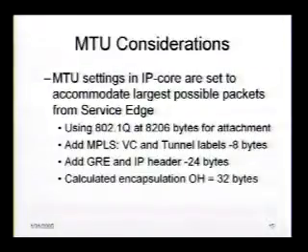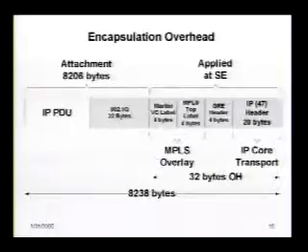So using that as an example, we add the MPLS, GRE, and IP headers to come up with a combined 32 bytes of overhead. And that results in an IP packet totaling 8,238 bytes.